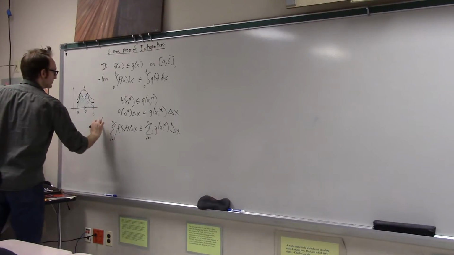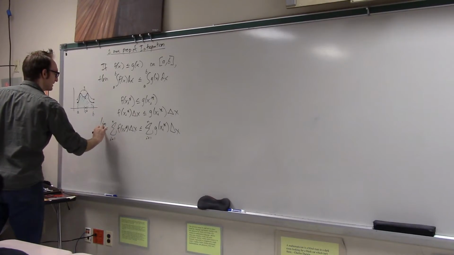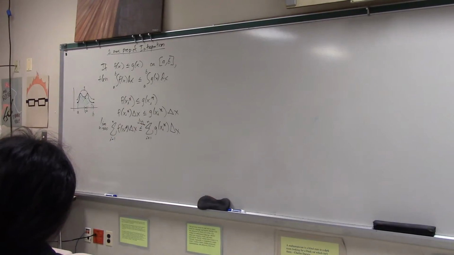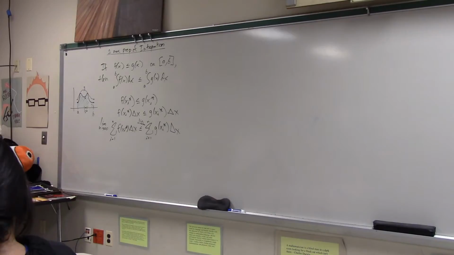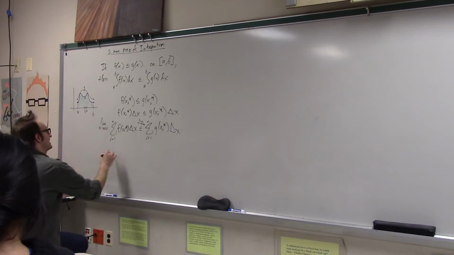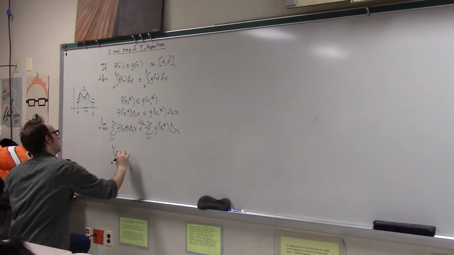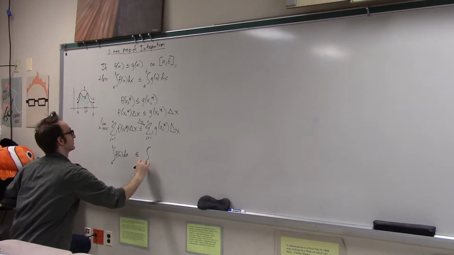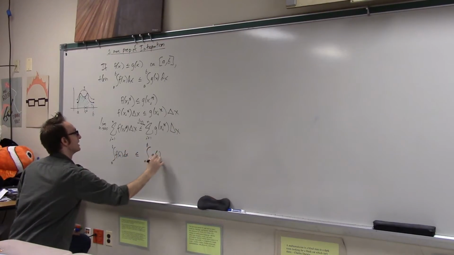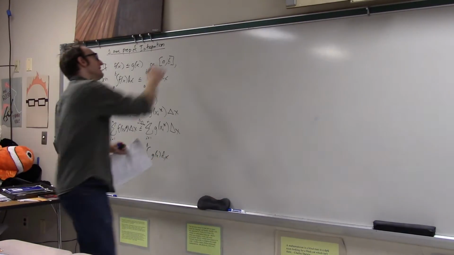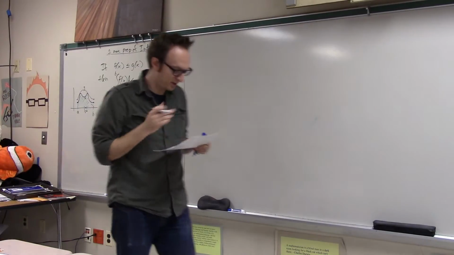And there's a theorem that says if you take the limit of two things, one of which is less than the other, then the limit has to be less than or equal to the limit. And then this is, by definition, the integral from a to b of f of x dx, and this is the integral from a to b of g. Okay, cool. Theorem proved.